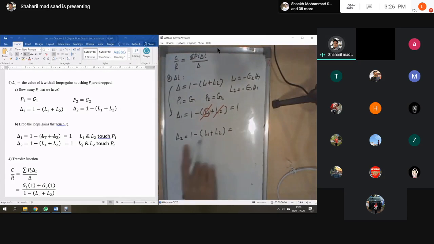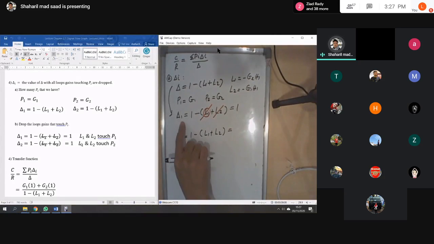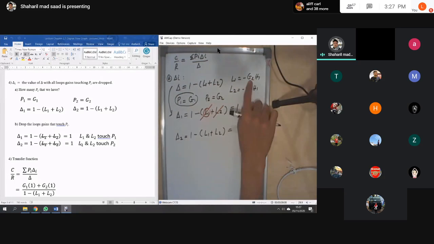Okay. So now the delta 2 is L1 also, sorry about it. Delta 1 is that mean it touch the forward pass gain G1. So that means L1 is touch the G1.